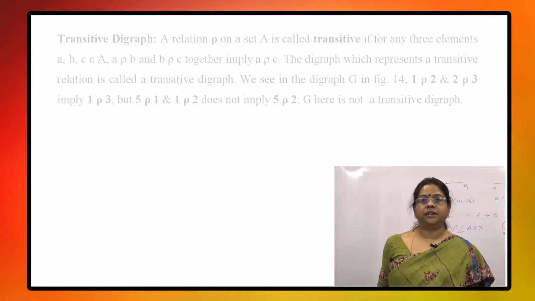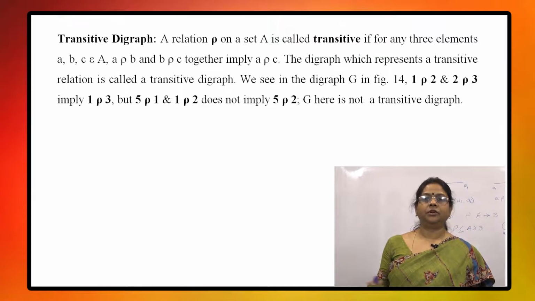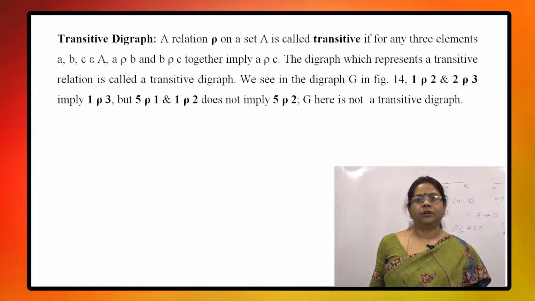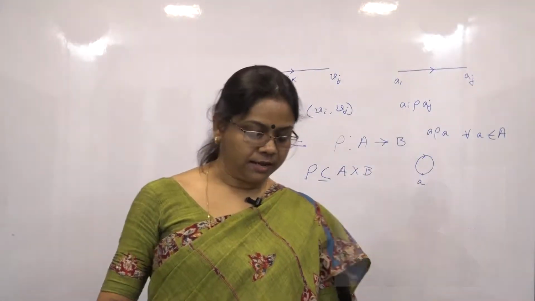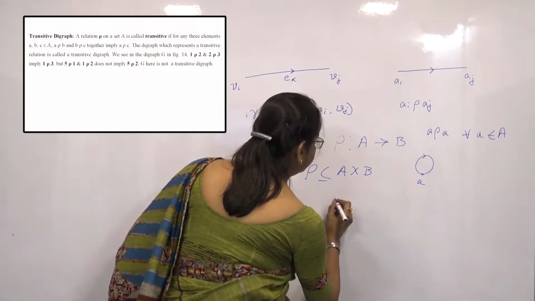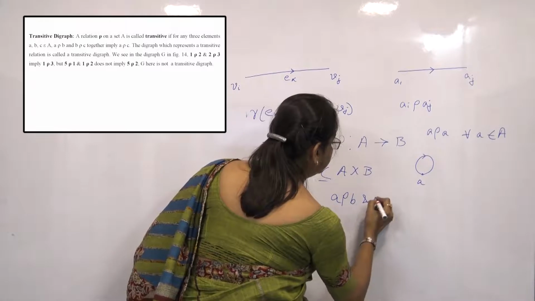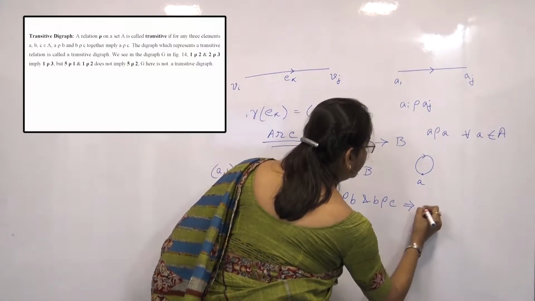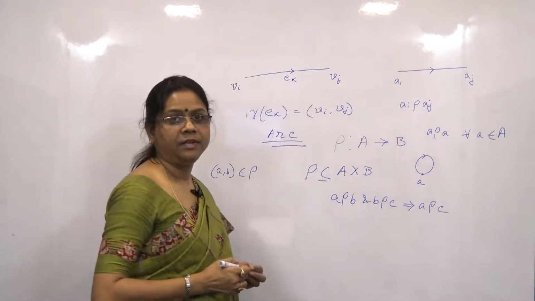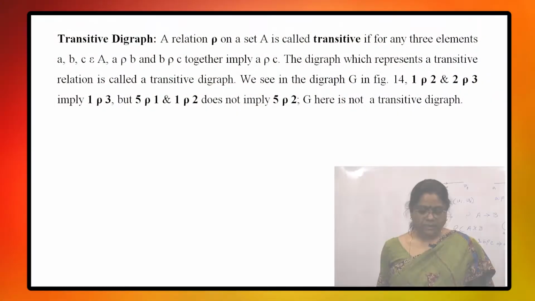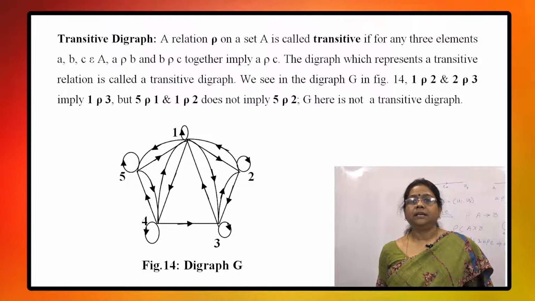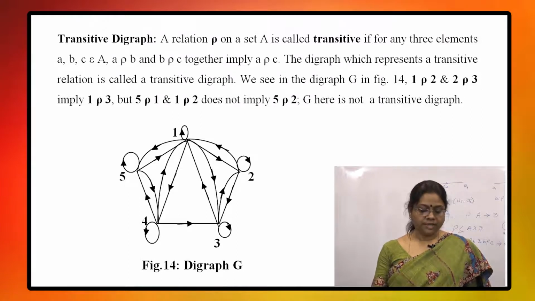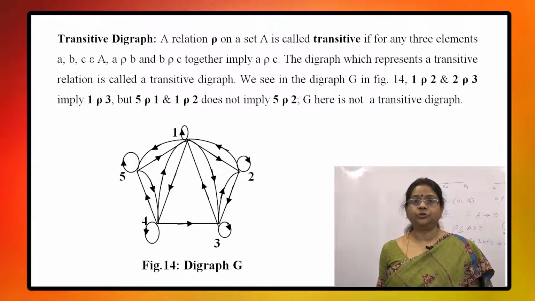Now what is a transitive relation? We know a relation rho on a set is called transitive if for any 3 elements A, B, C in A, A rho B and B rho C implies A rho C. So, the digraph which represents a transitive relation is called a transitive digraph, and in figure 14 we can see the vertex 1 is related to 2.